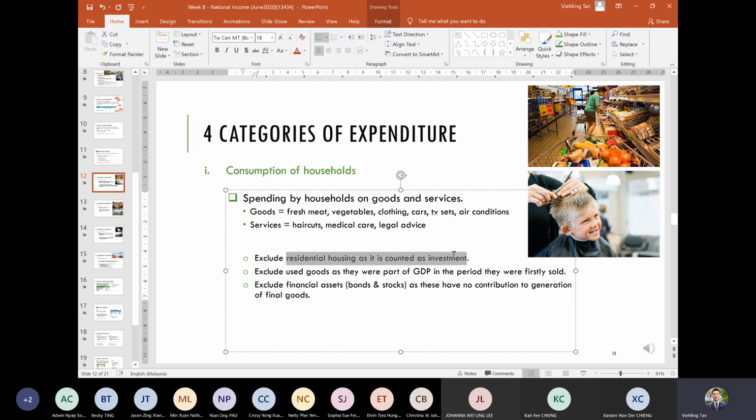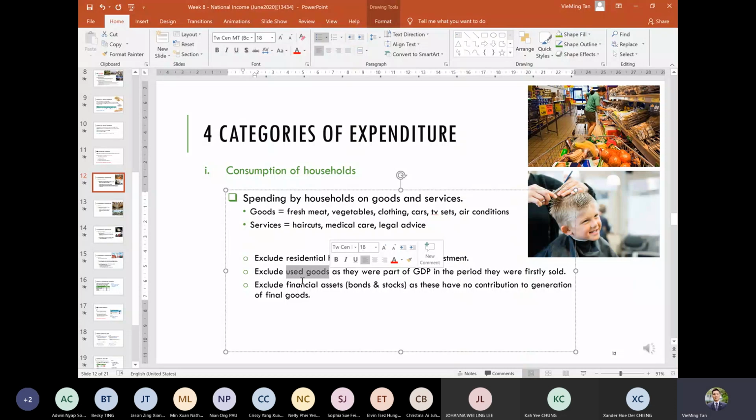If the resident or consumer purchases the house for investment purposes, it should be under the I category, not the C. Another item is used goods, meaning second-hand goods, like a second-hand car, clothing, or bag. These should not be included in the GDP, because the GDP calculation already included those goods when they were sold the first time.